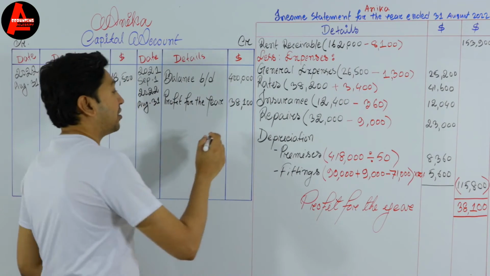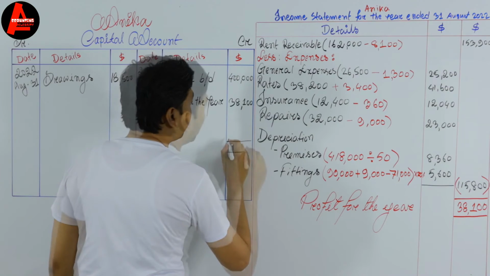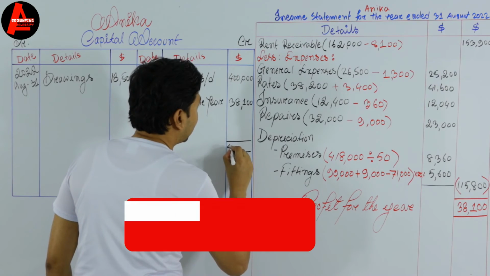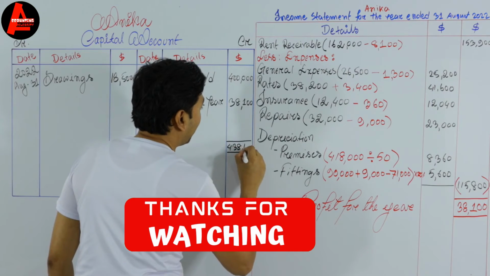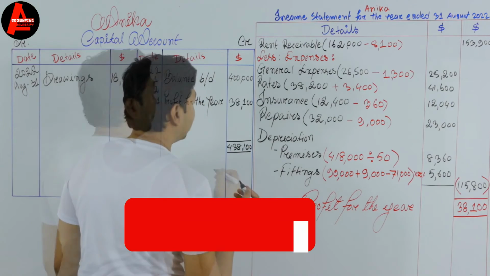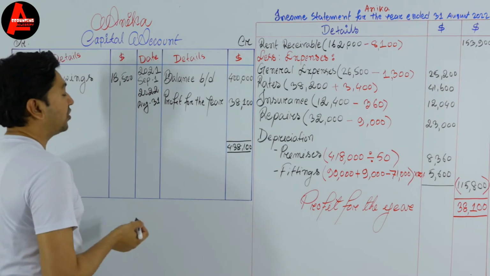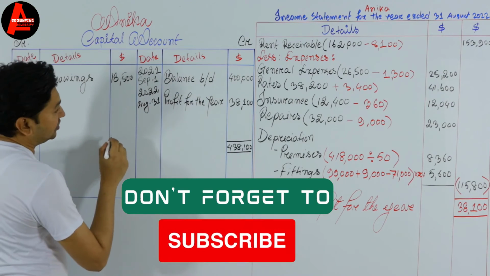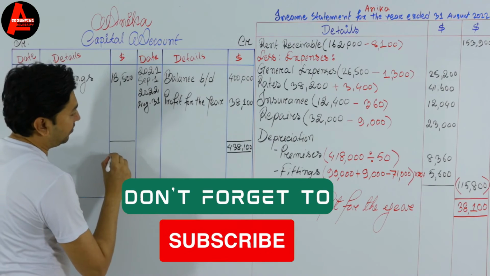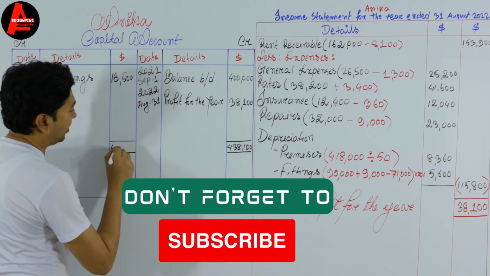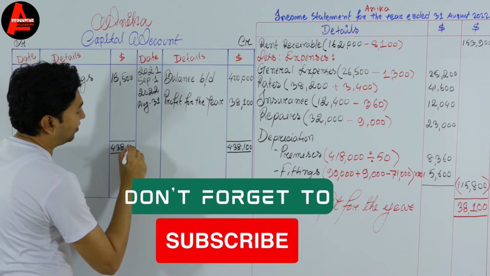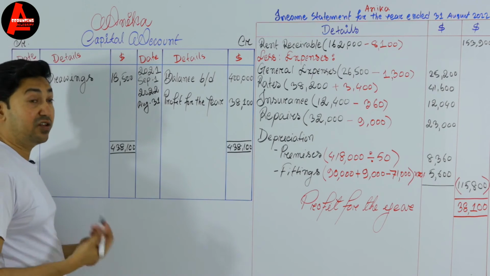If we sum up, we get $438,100. Now we take this amount to the debit side and write it at the same level, $438,100.